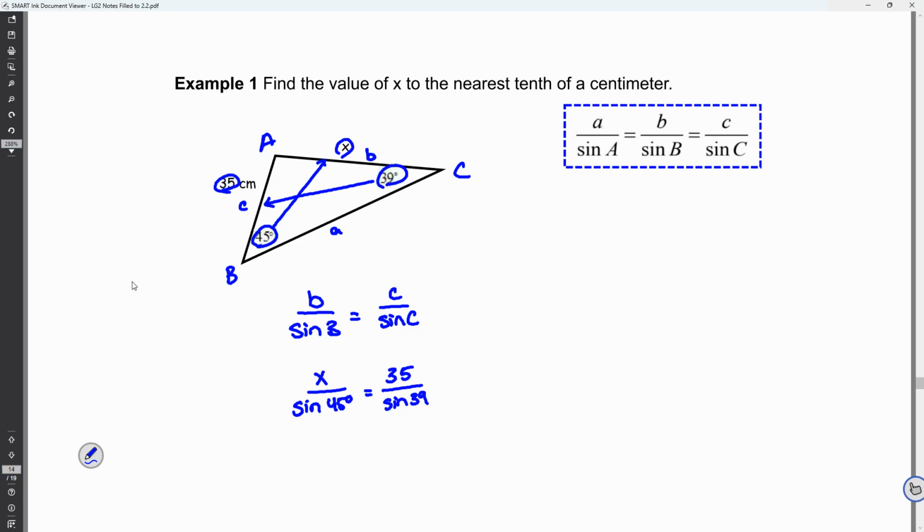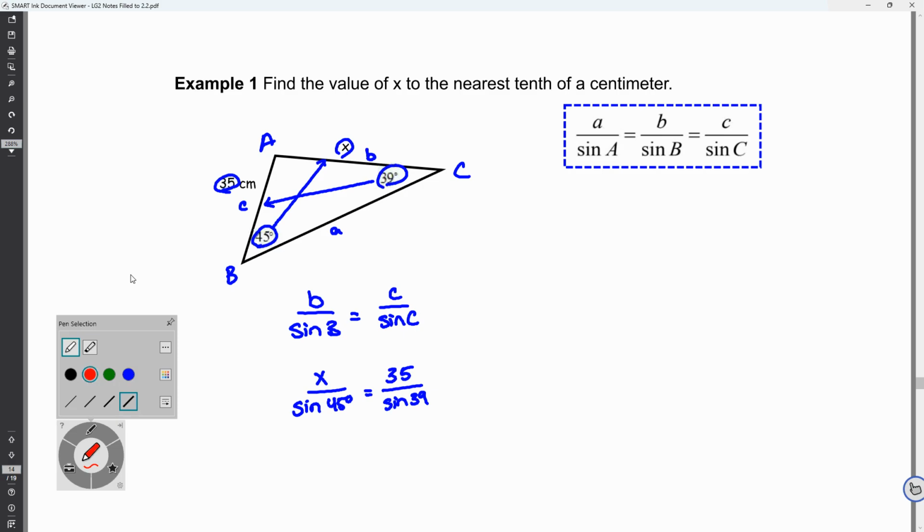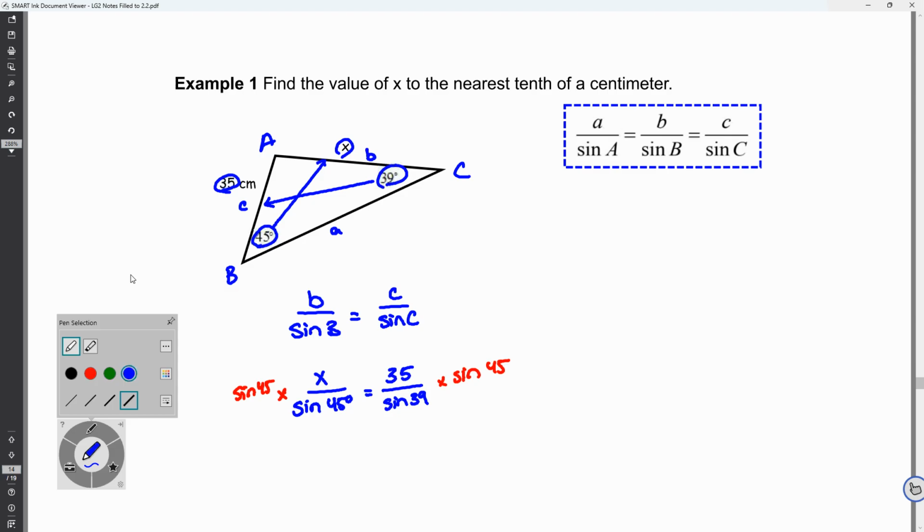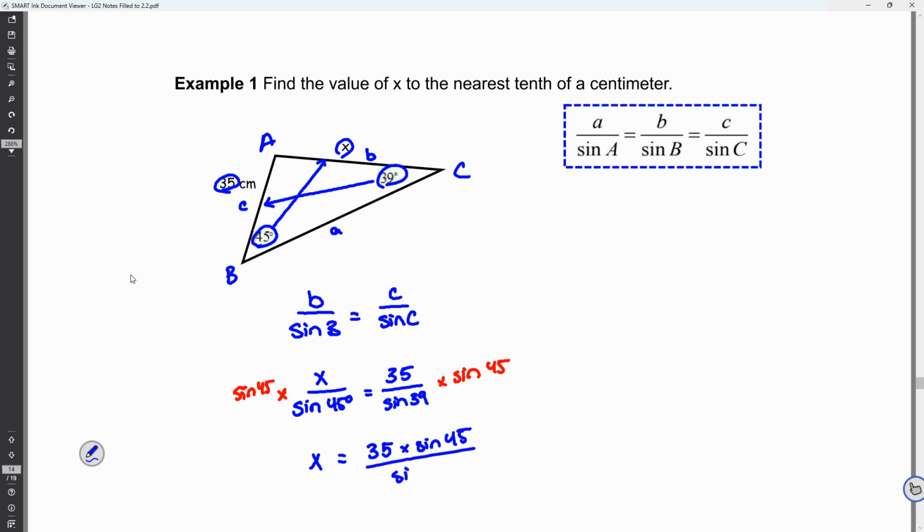So I have these equal to each other. We're going to isolate for x, which means multiplying both sides by sine 45. That gives me my final value: x is equal to 35 times sine 45 over sine 39.